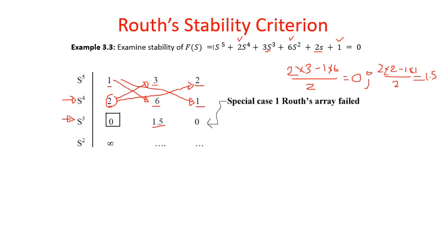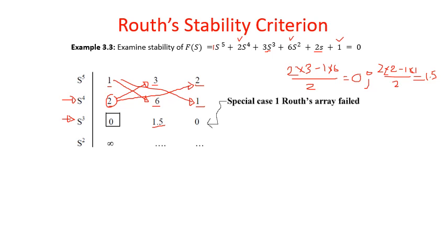But when we observe this one, we can see in a row we are having two elements which are 0. So this is a special case 1, where the Routh array is going to fail. How it is going to fail, let me show you.